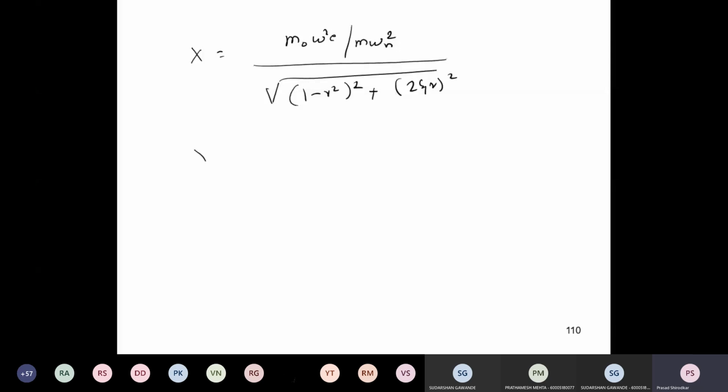I can rearrange these terms and write it as x divided by m0 e by m equals r square upon the square root of (1 minus r square) whole square plus (2 zeta r) whole square.